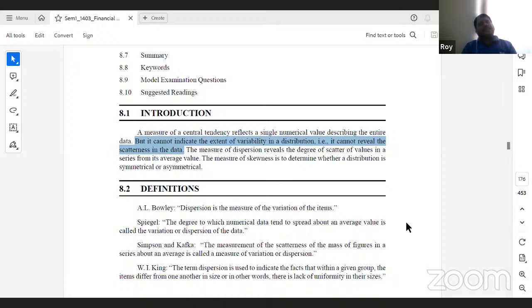When I calculate the average, I'm not mentioning that Vandana is having very less marks. Let us say the average is 70, but Vandana is having 30.